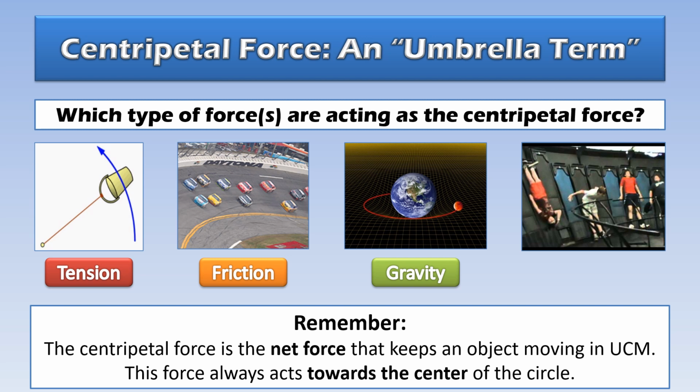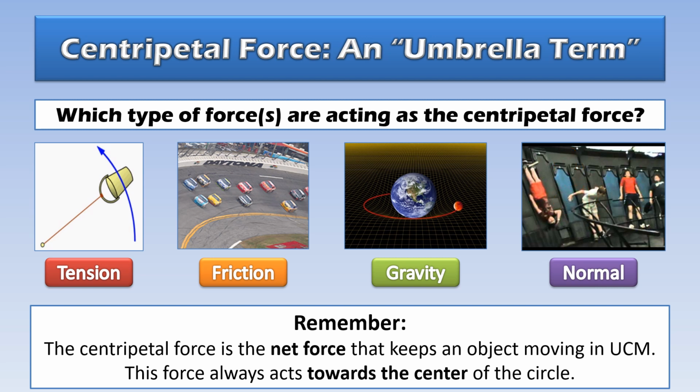What is the force that keeps the riders moving in a circle? Pause the video and think about this one. All right, you ready for the answer? The force that acts as the centripetal force in this case is the normal force. The normal force acts perpendicular to the surface. All right, so it's pointing this way.